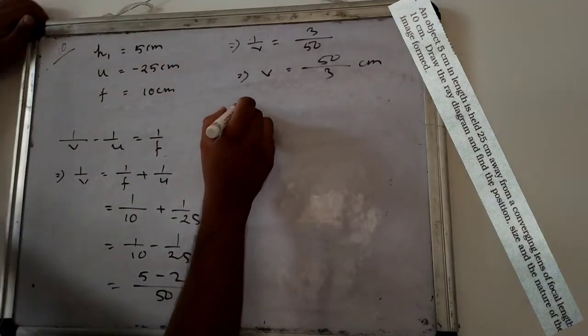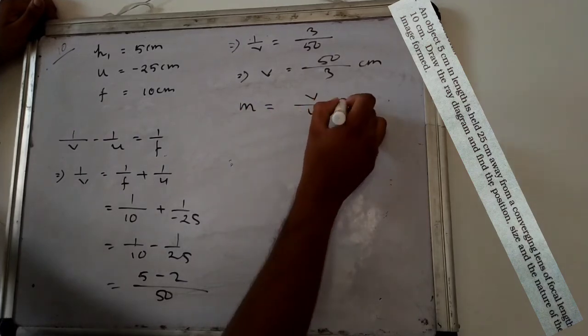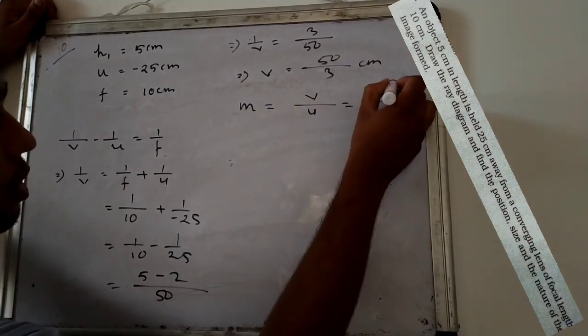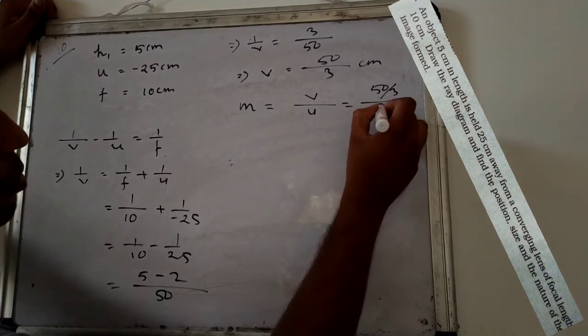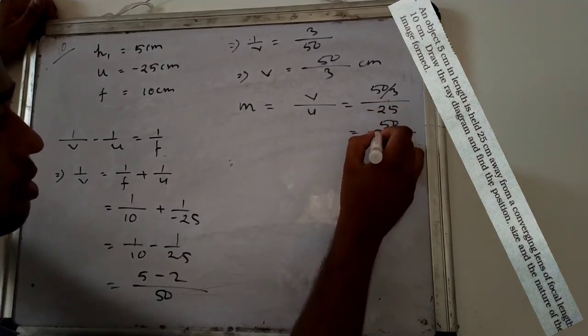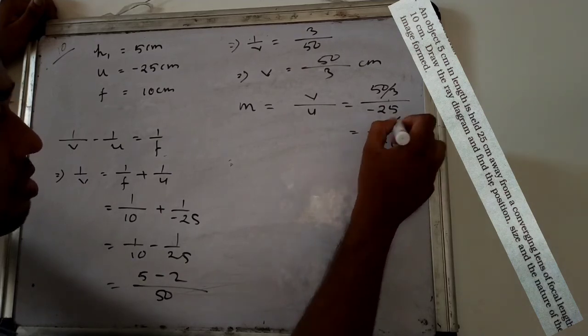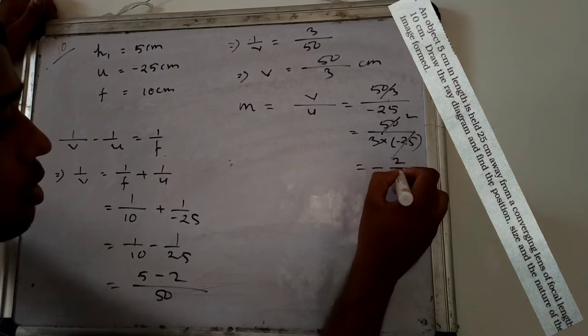Now magnification, v by u. In place of v it is 50/3 and in place of u it is minus 25. So 50/3 into minus 1/25, that means minus 2/3.